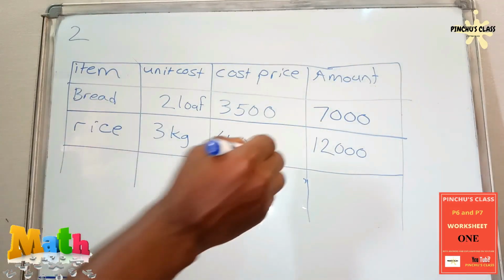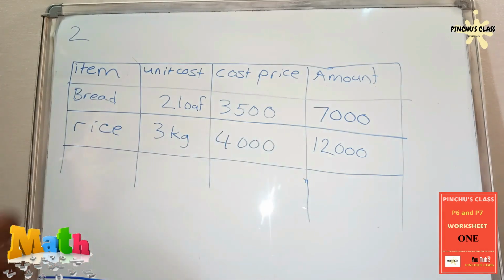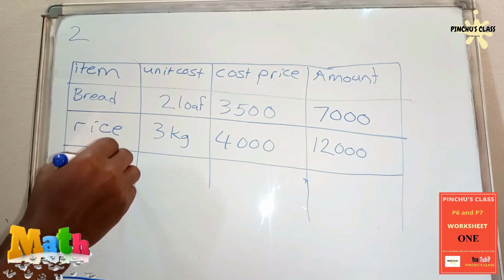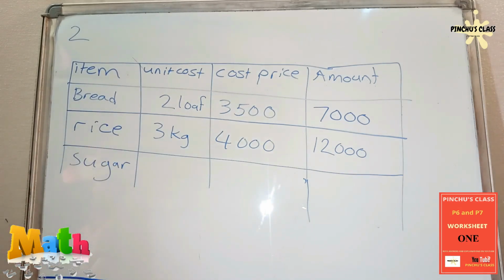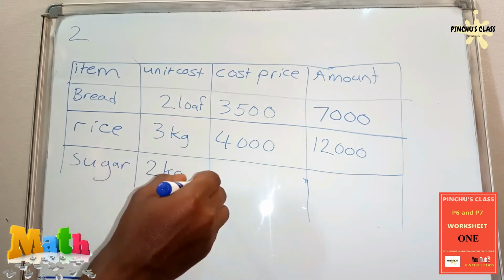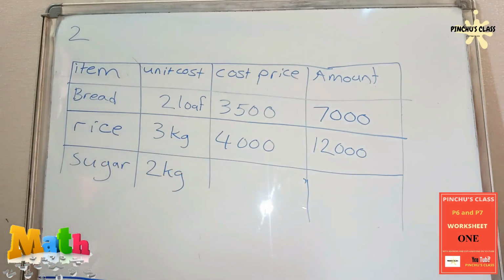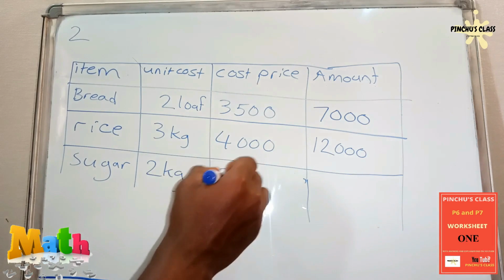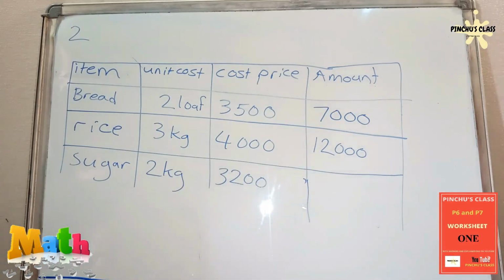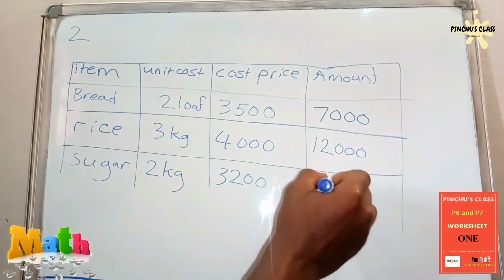And then remember, the next one was sugar. So how much sugar did she buy? She bought 2 kilograms of sugar, and each kilogram costs 3,200, and the amount is going to be 6,400.